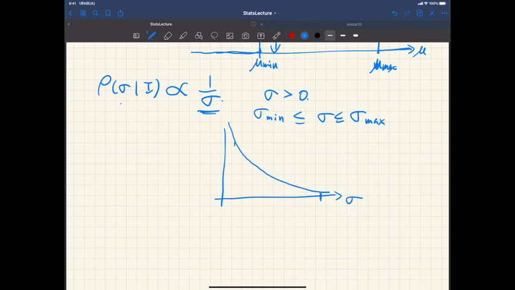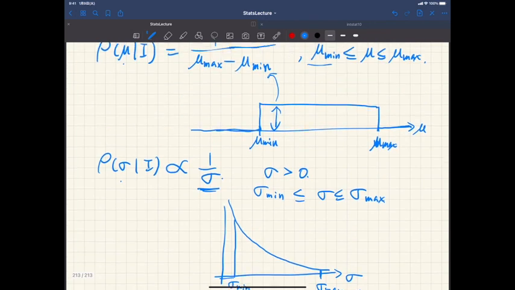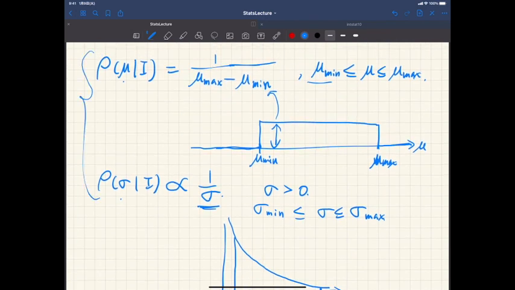We limit this: this is max, but this should be sufficiently large, and this is sufficiently close to 0. So we assume these two prior functions, and also we assume that mu and sigma are independent of each other.